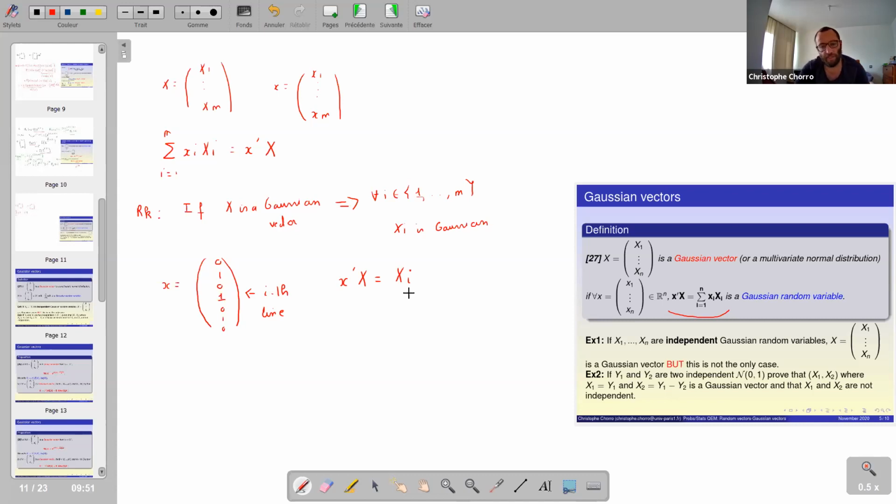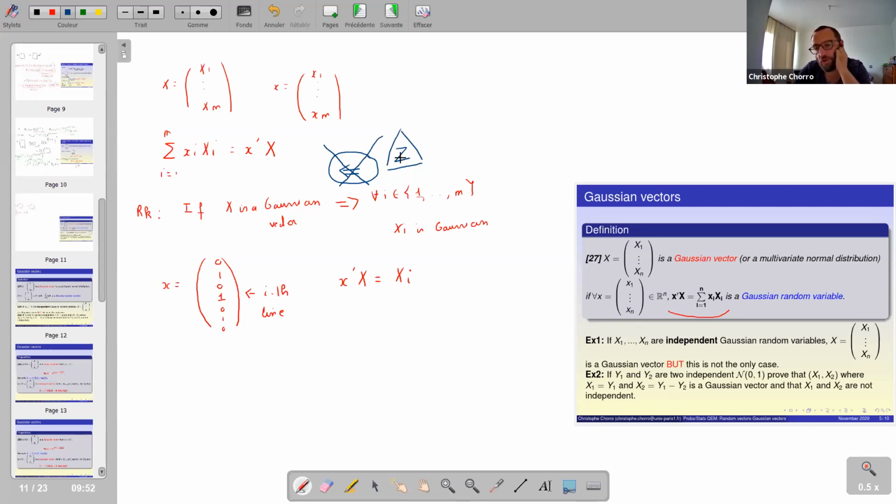But be careful. I have this implication: if I am a Gaussian vector, then my components are Gaussian. But I don't have the converse. It's not sufficient to have this to obtain a Gaussian vector, so the converse is false. It's not sufficient to have components that are Gaussian to be a Gaussian vector.